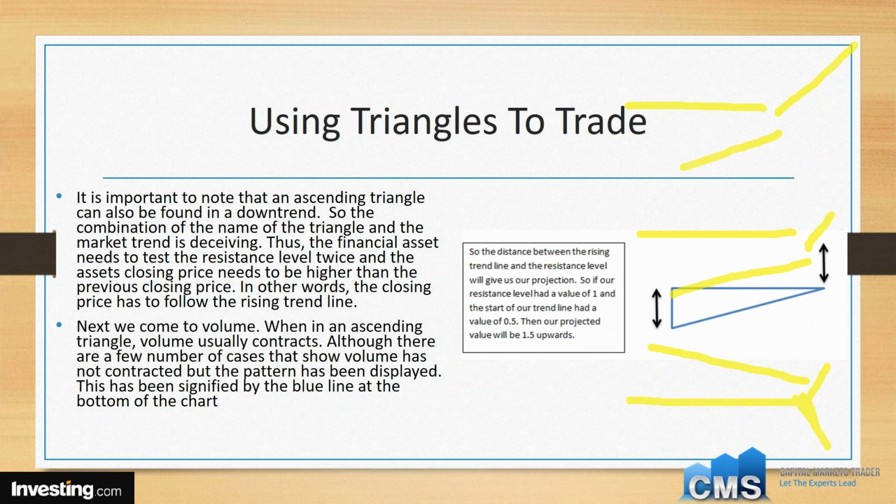Because when it breaks out and you're looking at a longer term time frame, it's going to also fit that type of trading. So if you're swing trading and looking at a 1-day chart, well, yes, that asset may break out and reach that 1.5 upward level in 30 or 45 days from now. But if you're day trading, that's not going to help you much.